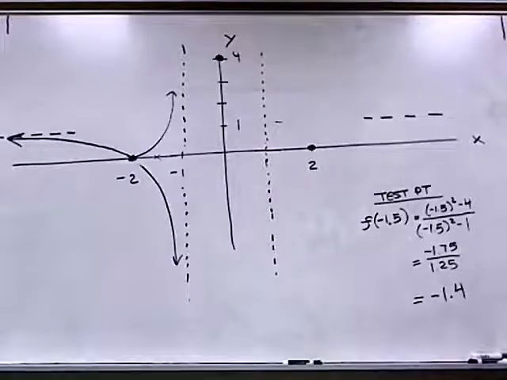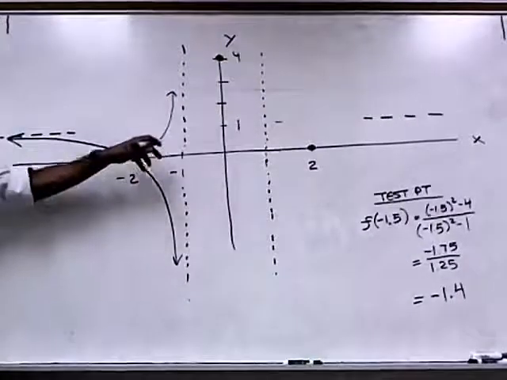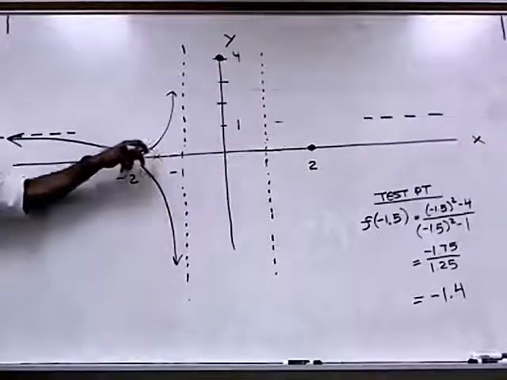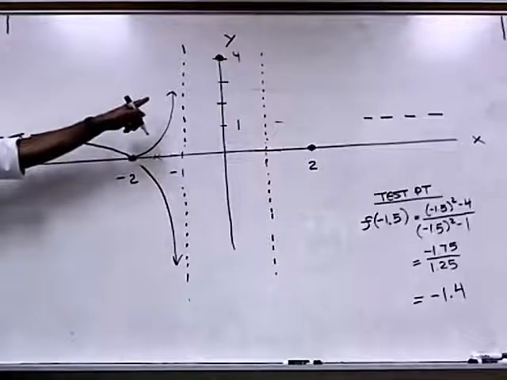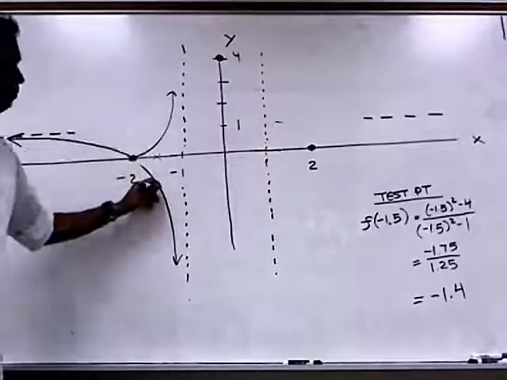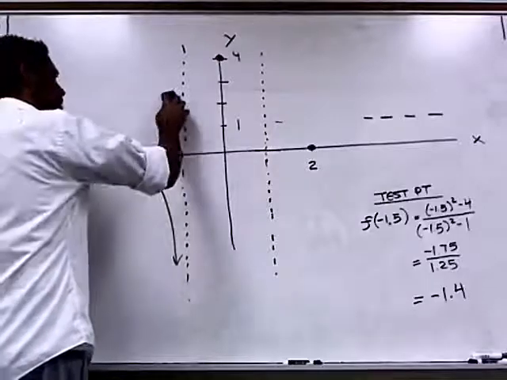Now, I said I don't care what the exact value is. All I care about is that it's negative. Why do I care that it's negative? If it's negative, then that means I'm going to put a point down, right? At negative 1.5, I put a point somewhere down here. So it can't be that top one, can it? So I'll just throw a point down here like that. And then I'll get this one out of here.